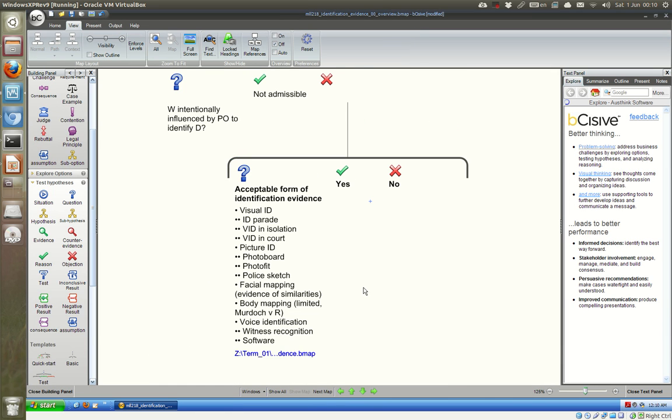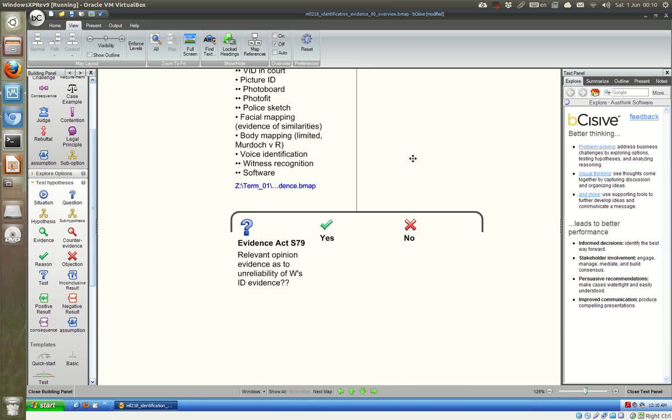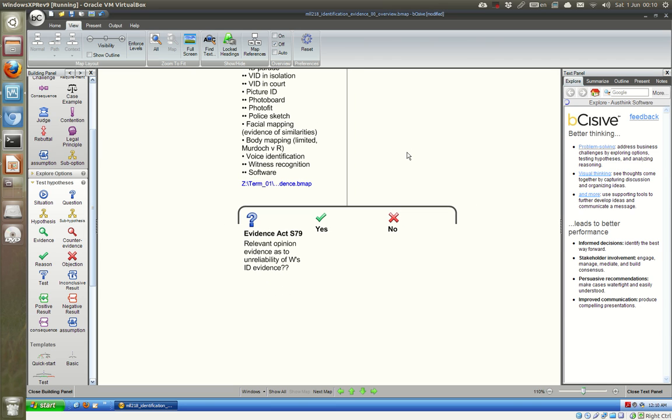So, assuming that we do have an acceptable form of identification evidence, another question to ask is, as per the Evidence Act, Section 79, whether there is relevant opinion evidence as to the unreliability of the witness's identification evidence.